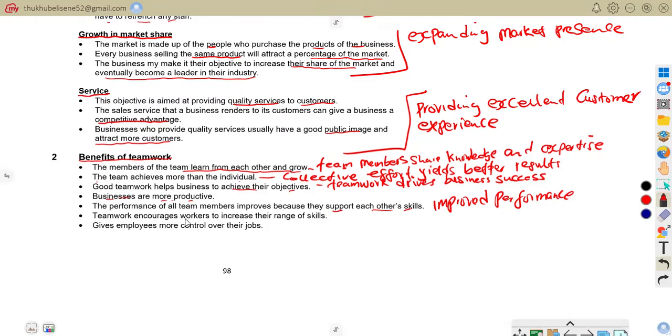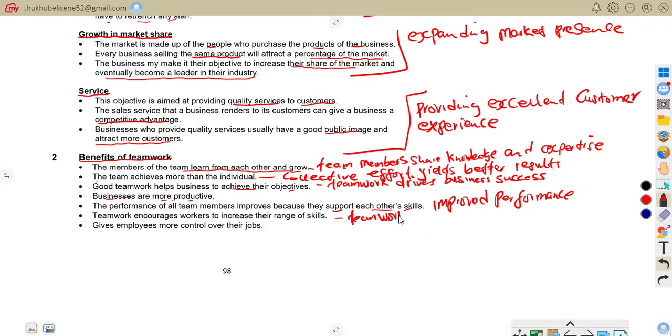Teamwork encourages workers to increase their range of skills. So here we are talking about what? Skill development, because teamwork encourages skill expansion. As we have said, teamwork encourages skill expansion.